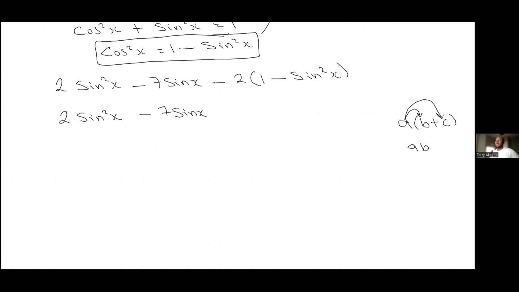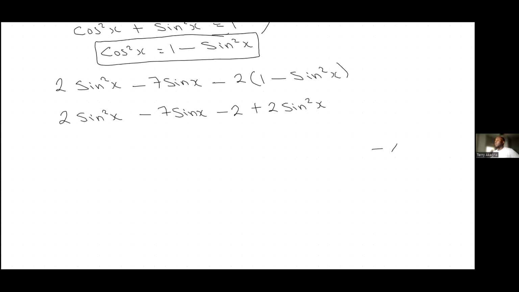We're going to open the bracket now. So we have minus 2 times 1 will give you minus 2. Now minus 2 times minus sine squared x will give you plus 2 sine squared x. So remember I told you minus times minus is equal to plus.